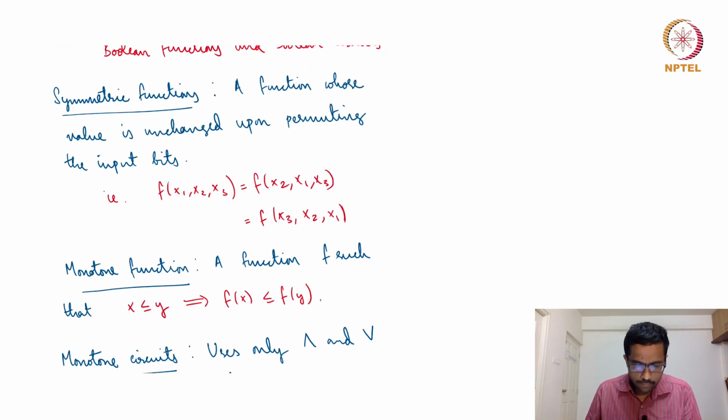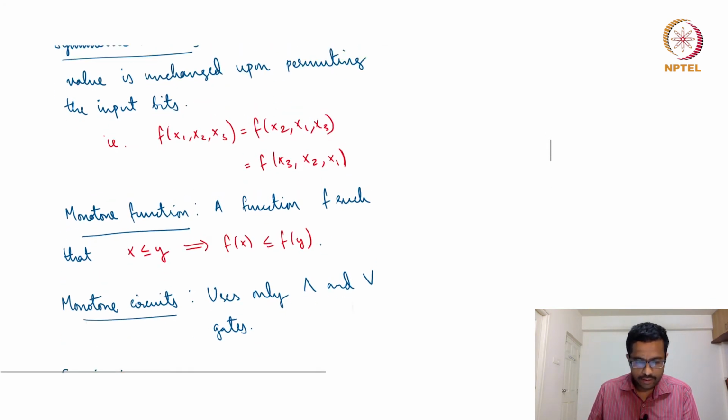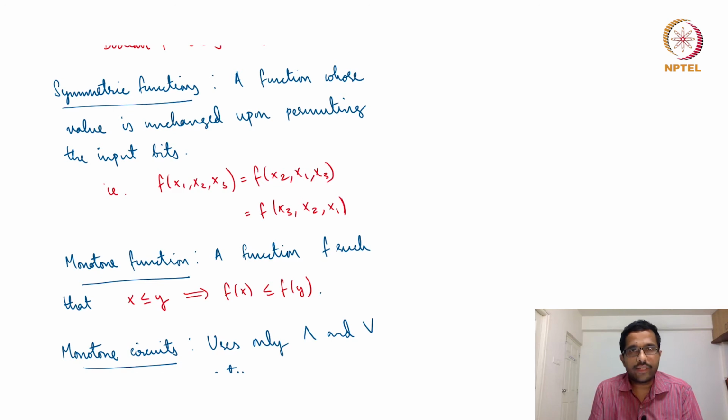Now, a couple more definitions that I just want to state now. We won't be immediately using them, but these are very important definitions, both in terms of circuits as well as functions. Symmetric functions: again, everything is Boolean from now on. It takes a bunch of input bits and produces a 0/1 output.